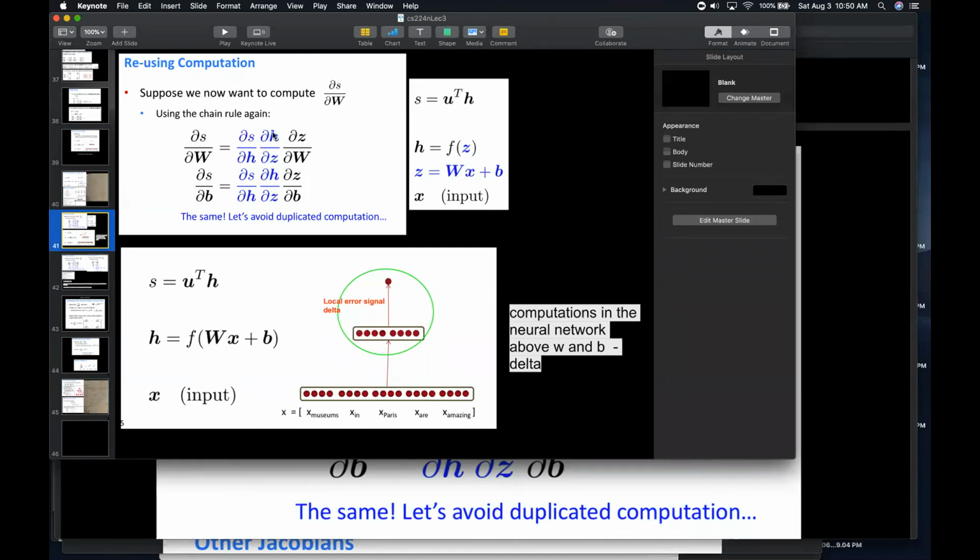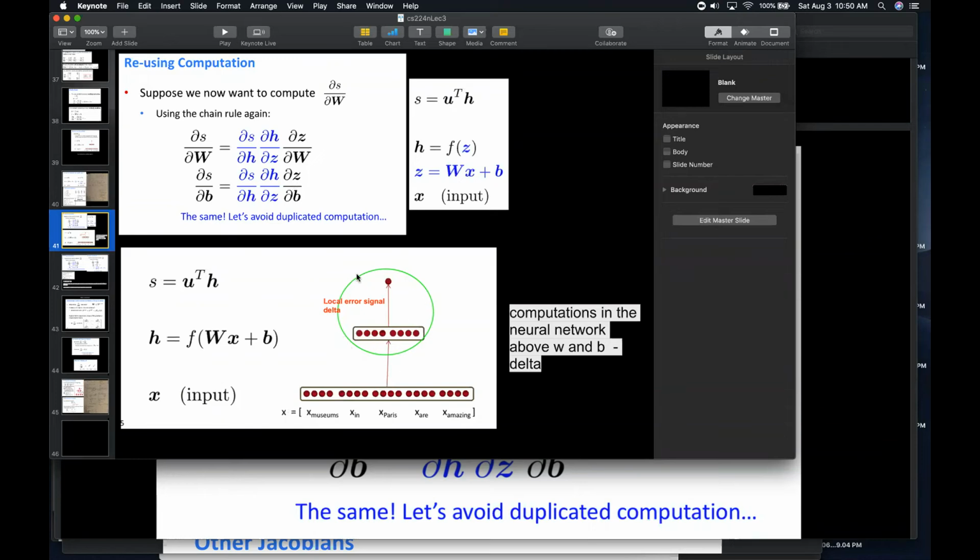To understand why these two are identical, he explains that this W and B play a role only at this level, where you take X, multiply it with W and add B. After that, all the operations you do, taking the activation function, multiplying by U transpose, are the same. That is why this part is the same, and the only difference is with respect to W and B at this level.